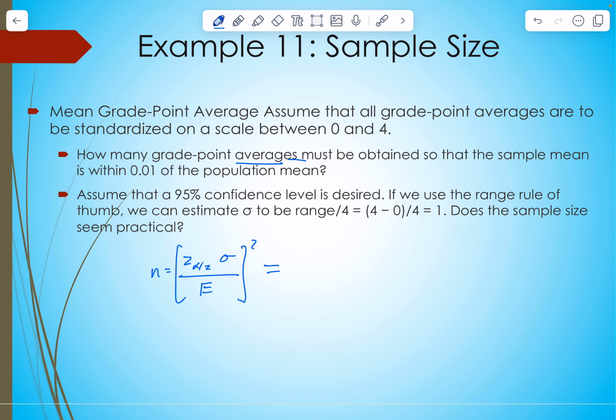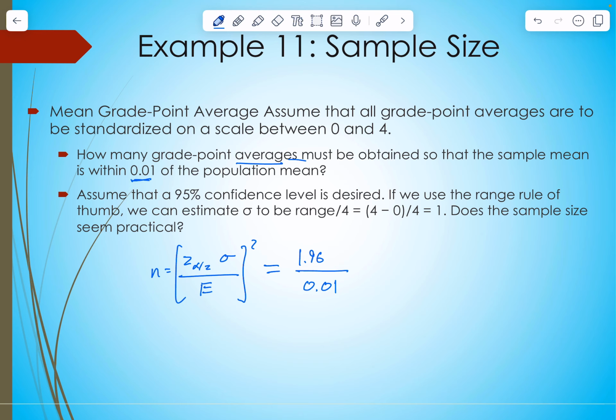And so because it's a 95% confidence interval, I know my critical value is 1.96. My margin of error is 0.01. And now I need a standard deviation.